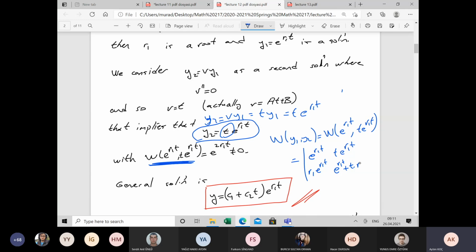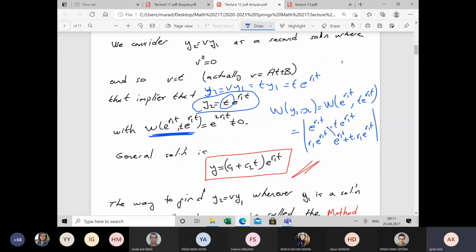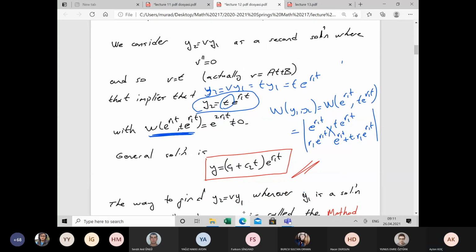So we obtain e to the r1t times e to the r1t plus t r1 e to the r1t minus t times r1 e to the 2 r1t.